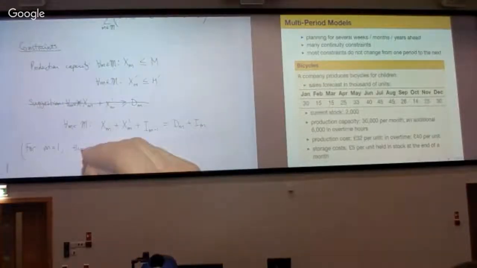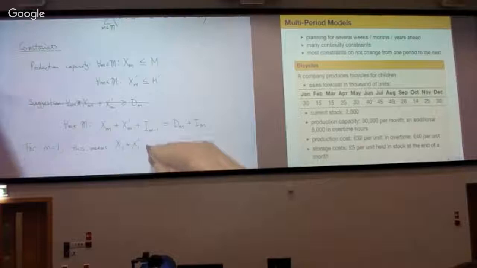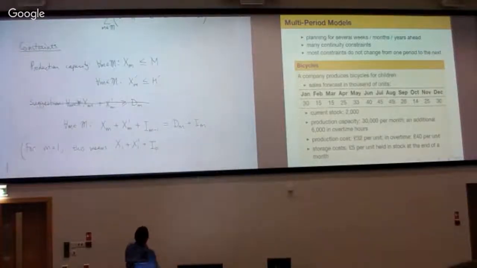This means what I produce in the first month, plus what I produce in the first month in overtime, plus the initial bicycles in storage, is what I sell in January plus what I store at the end of January. This is where I naught comes into play.